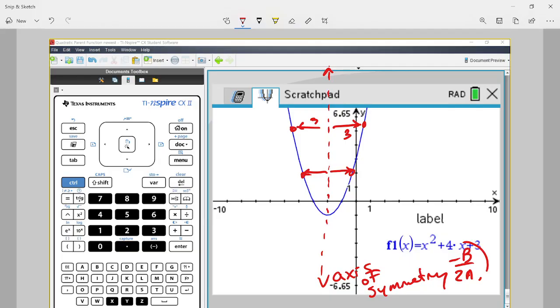So once you do negative b over 2a, you will get this imaginary line. And it'll always be x equals some number. So in this case, what is it? x equals negative 2. And then somewhere on that line will be this point. Anybody know what that point's called? It is a minimum, but it's called the vertex. And it's either the top or the bottom of the graph.